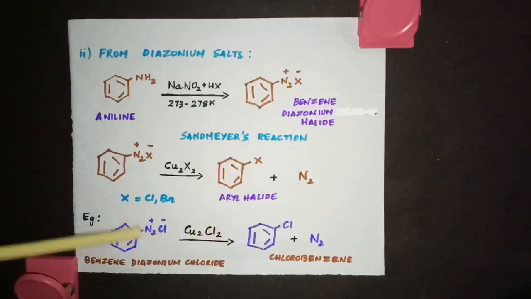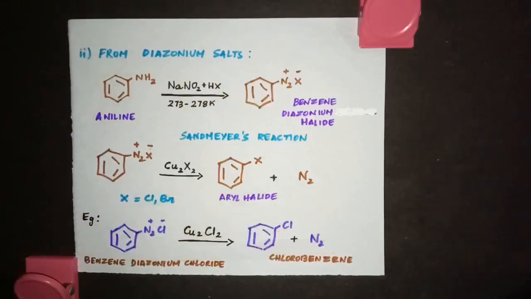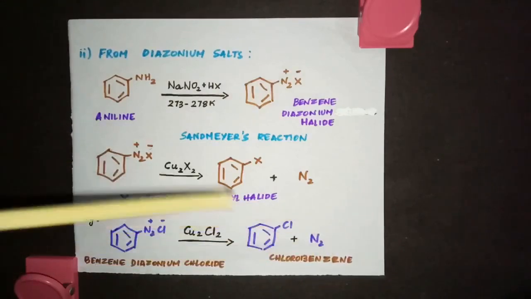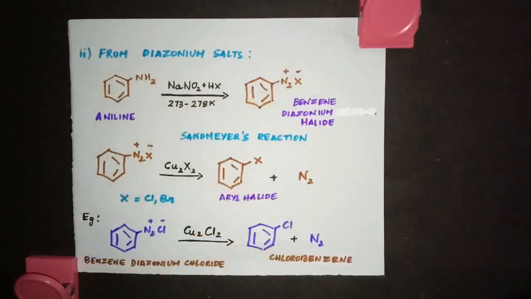See, so this N2 is coming out. You have a very detailed mechanism for all these reactions, but we will not be studying the mechanism for your level, so you can just read these reactions alone. So what happens, you get chlorobenzene, along with that you're getting nitrogen. This is what we are preparing. We are preparing what? Haloarenes.